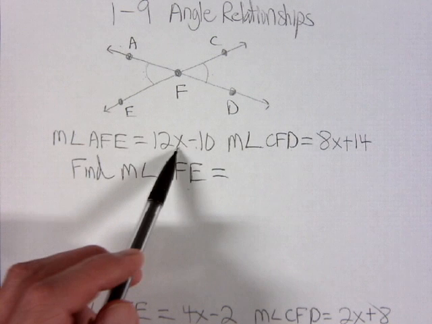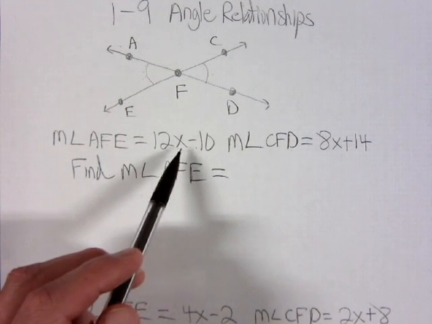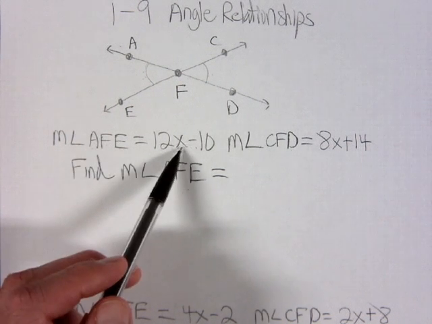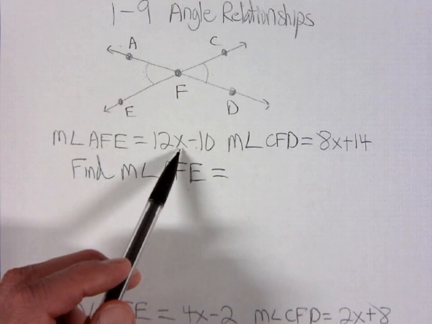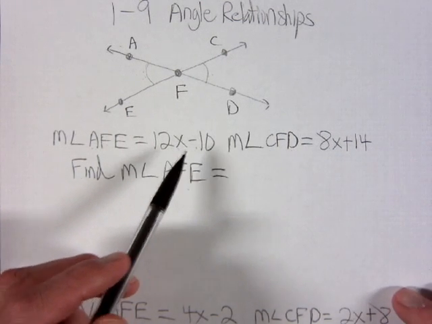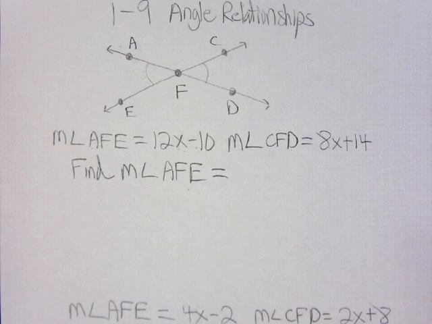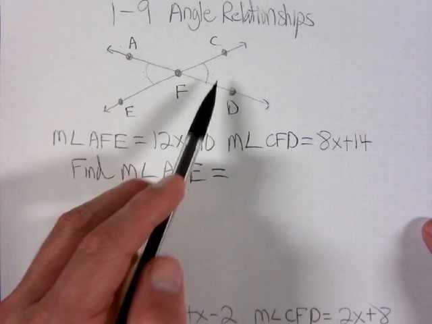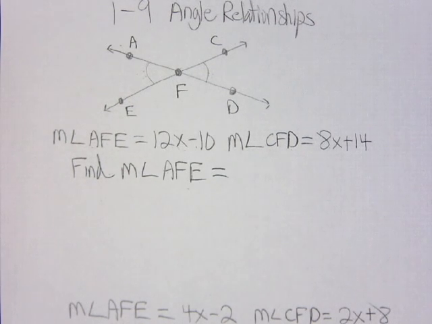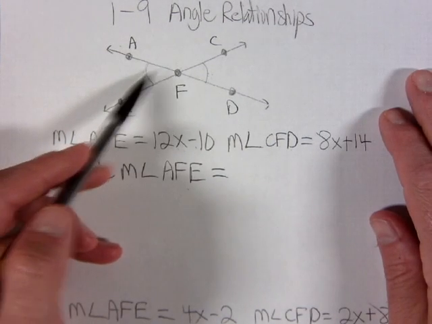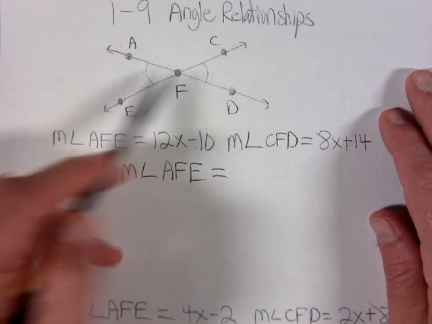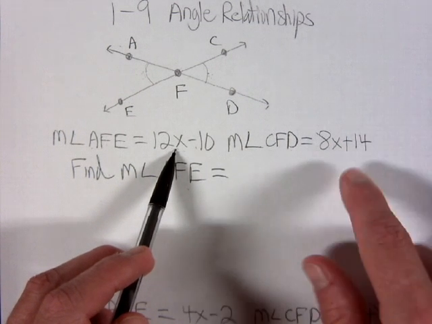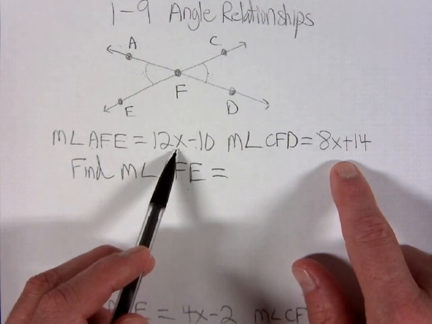Now, remember, the question asked me to find AFE. Well, AFE is given in terms of x, so if I can find the value of x, I can plug it in here and then find the answer to the question. And remember from previous lessons, in order to find x, we've got to set up an equation. Because these two are vertical angles, they should be equal, so I can take this expression, set it equal to this expression, and that would be my equation.